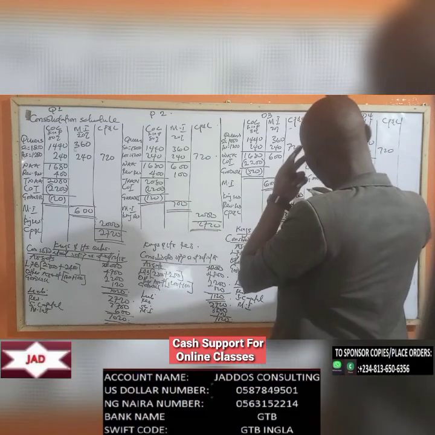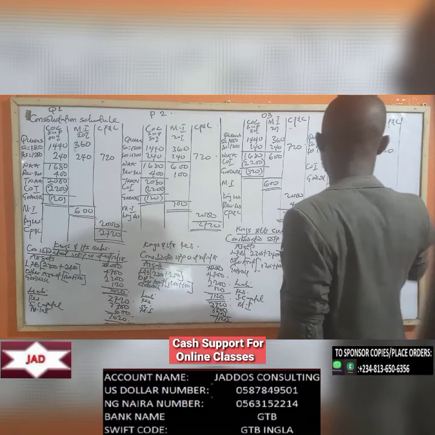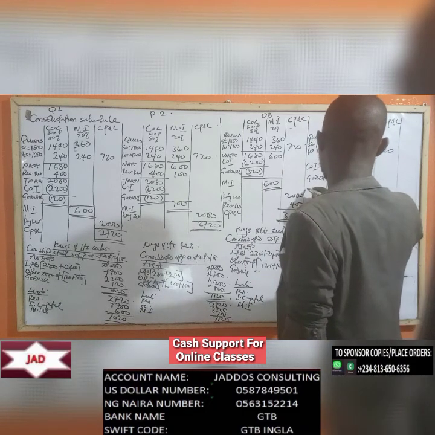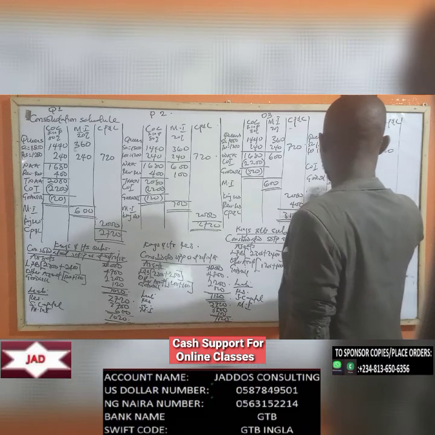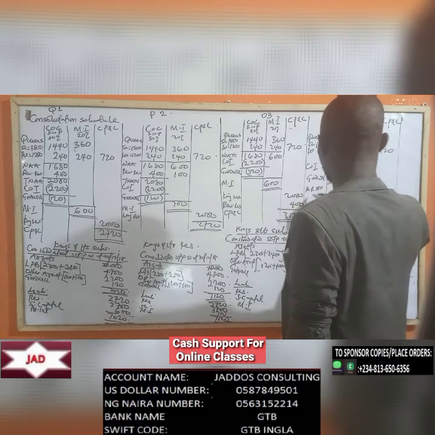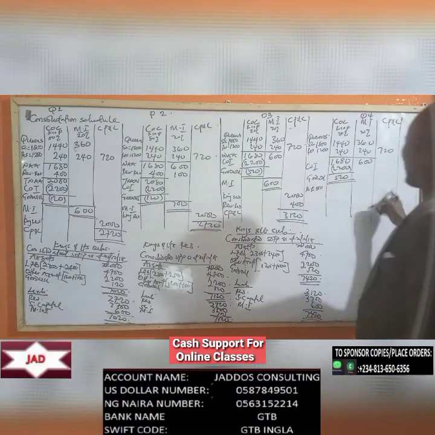Now, remember, that we have what now? Revaluation reserve of how much? 500, right? Okay, so it will not be shared between them.